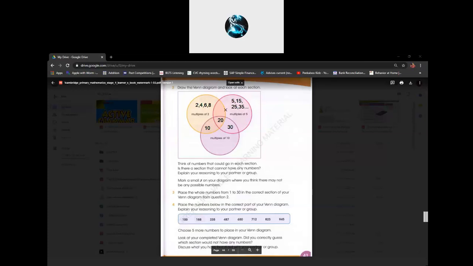There can not be any possible numbers for 2 and 5 because you can't do 10. Well, there can be 10, but we already took 10 right here. Wait, there is one.